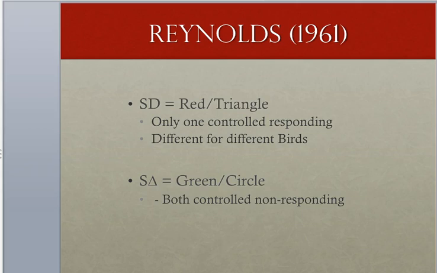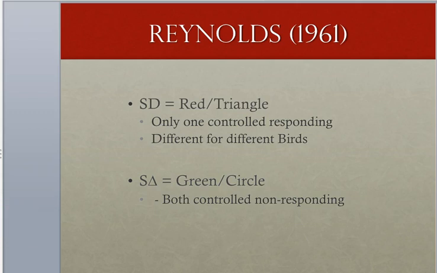It was different for different birds. So some birds responded only to red, some birds only responded to the triangle, but none of the birds responded to both. And he was very interested in this, that the pigeons were individually being over-selective, looking mostly, when it was a combined stimulus, looking mostly at the red part and not really paying attention to the triangle, or vice versa.